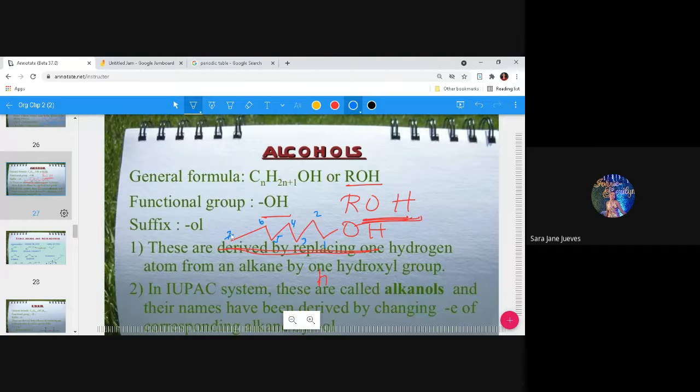Hex, ma'am? Hep, ma'am. It's 7. Okay, hept, because there are 7. Hex is for 6 carbons. So, hept. Then the type of chain.